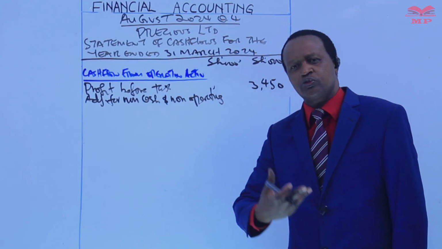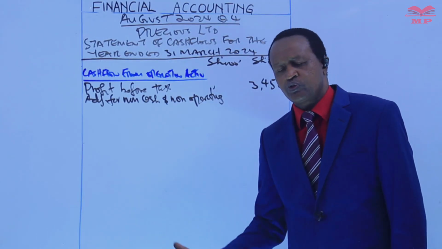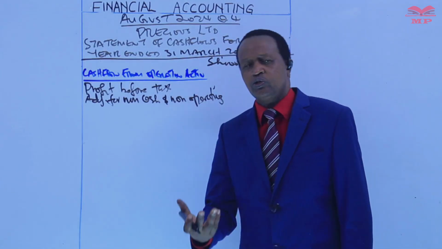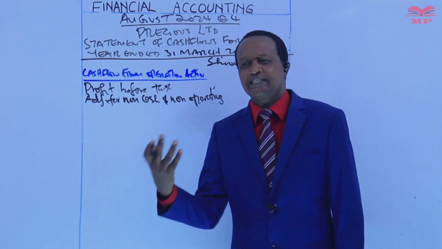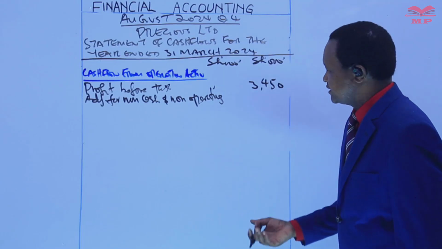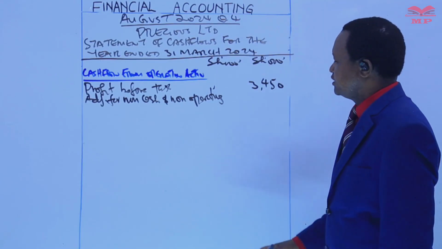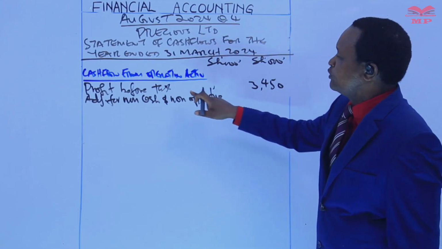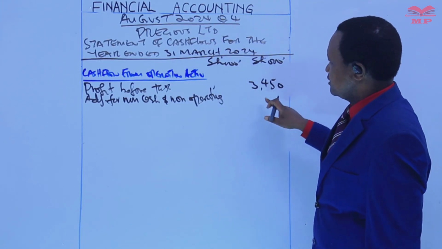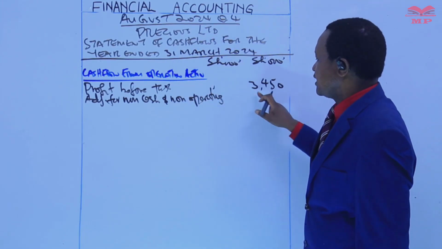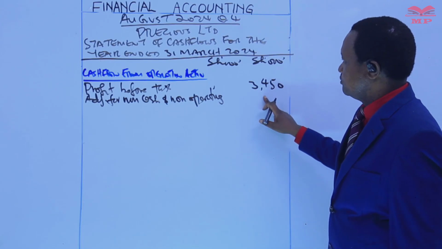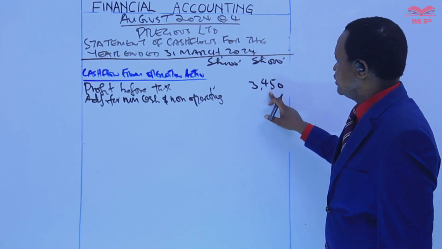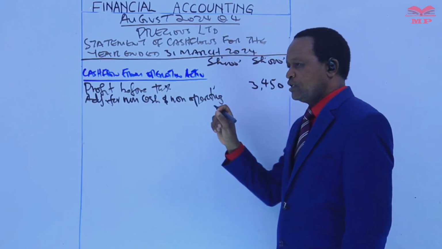When you talk about operations, we are talking about regular activities. After buying and selling of goods and services, a company generates profit. That's why we're beginning with profit. The company generated this amount, profit before tax, 3,450,000. I want you to get the understanding.